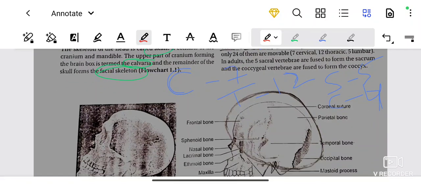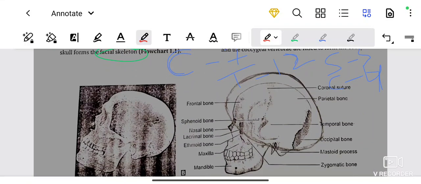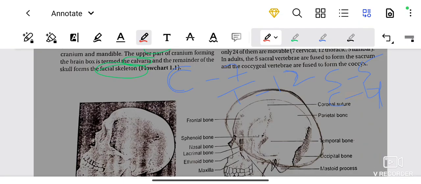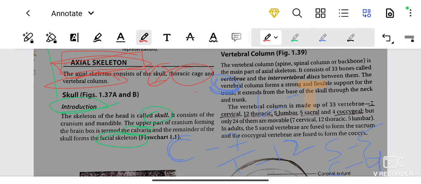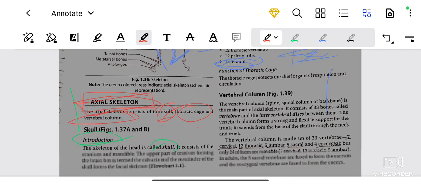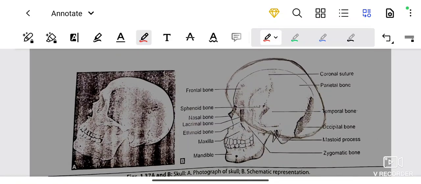Okay, next we can see the skull diagram. I will explain the skull diagram. This is the frontal view of the skull.